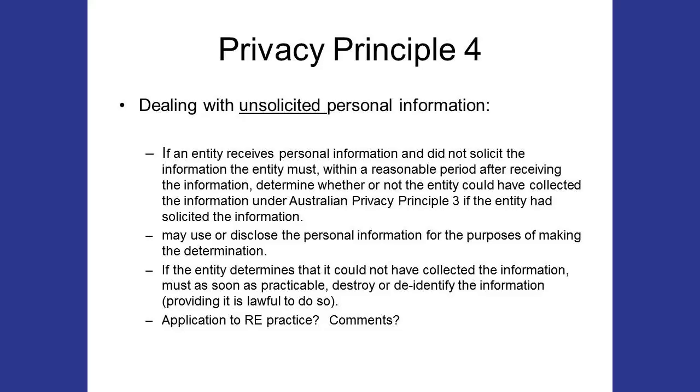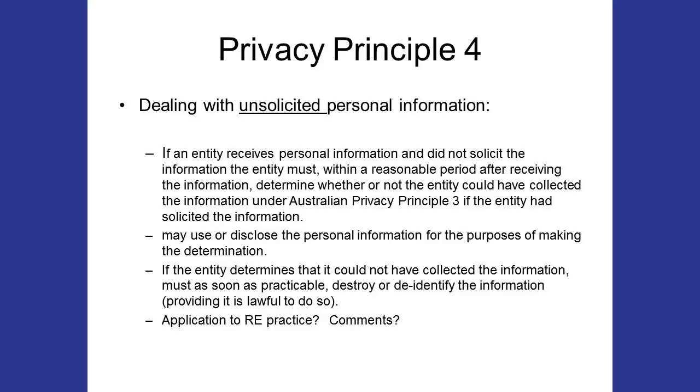Privacy Principle 4, dealing with unsolicited personal information. Now, if you receive personal information that you did not solicit, you must, within a reasonable period after receiving the information, make a determination, or decide, whether or not you could have collected that information under Privacy Principle 3. So you've received the information in an unsolicited fashion.